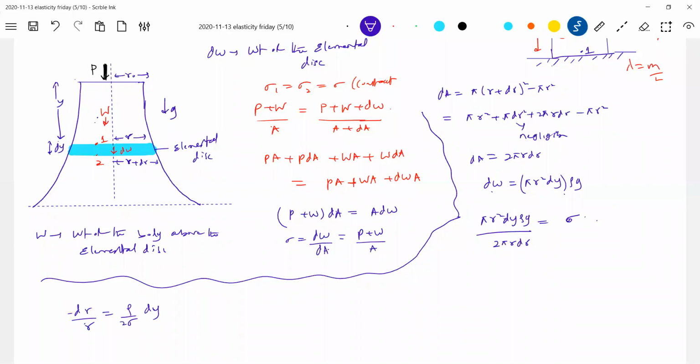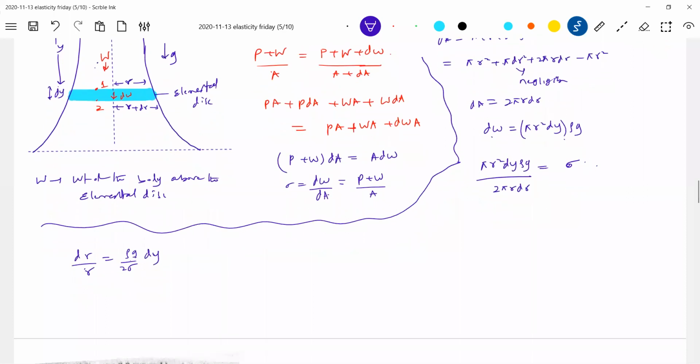Check once, I'll go for integration. If I'm right, I'll continue. Pi r will get cancelled. g is also there, no? g should be there, rho g. If anybody can confirm it, I'll proceed.